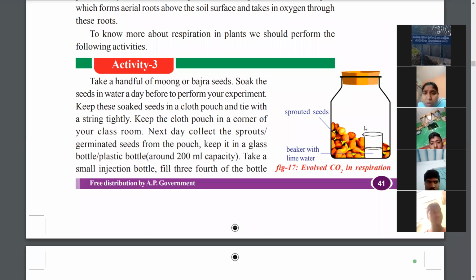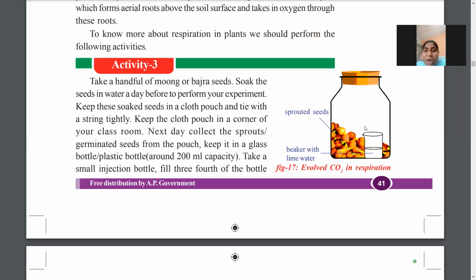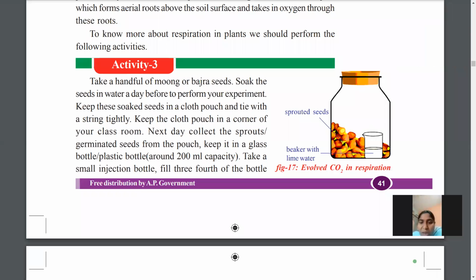Then you had to take a small beaker, fill it 3/4 with lime water, and insert that beaker in the glass bottle or plastic bottle.